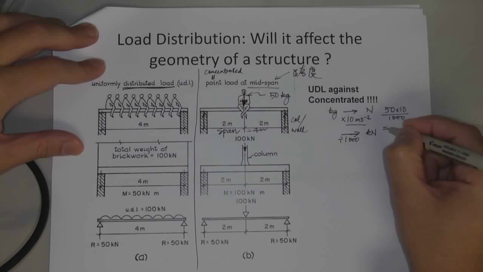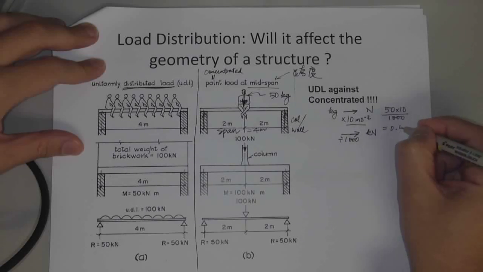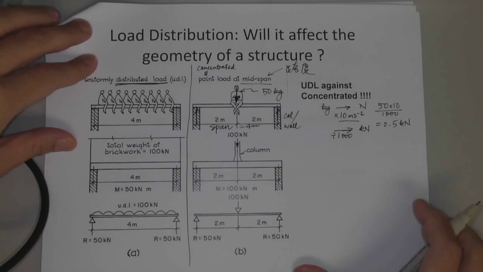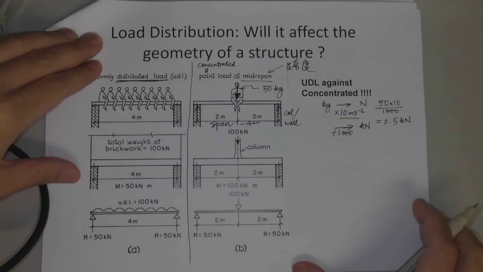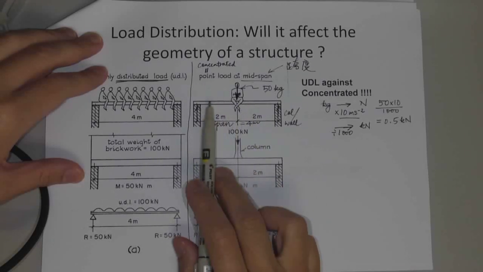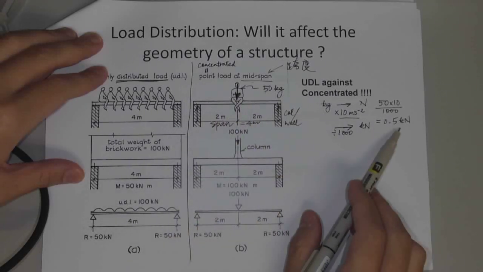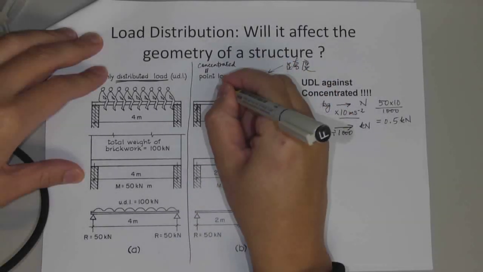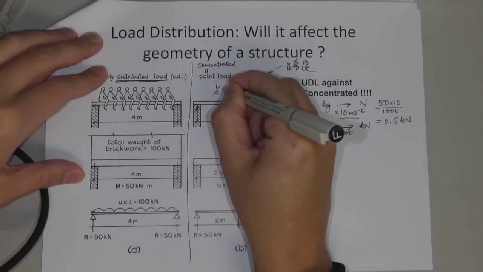That will give you 0.5 kilonewton. So at mid-span, you got 0.5, half a kilonewton.